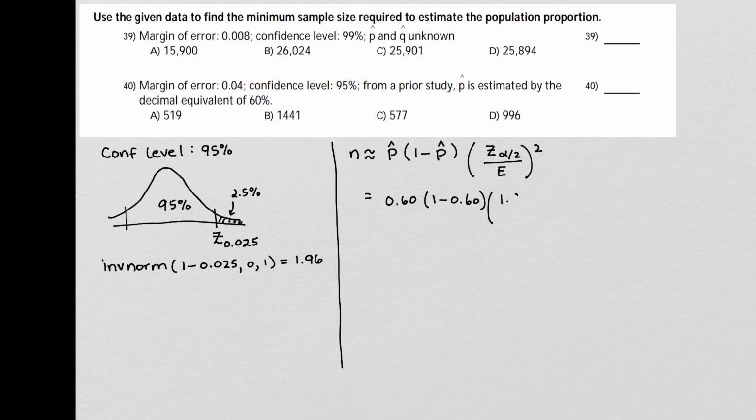And we're going to put in that 1.96, and our margin of error was 4%, or 0.04. And for this one, I get 576 and a decimal. So we're going to make that 577. And that is our final answer for number 40.